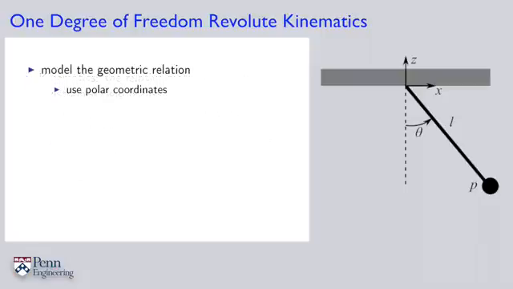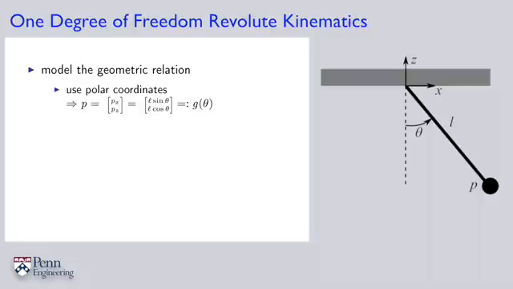We'll model the geometric relation using polar coordinates, which you'll remember from high school probably. Namely, we'd like to think about the horizontal and the vertical components of this point mass p as having a radial component L, which is fixed, and an angular component theta. So that using trigonometry, we can express the position p sub x and p sub z as the function g of the variable theta.